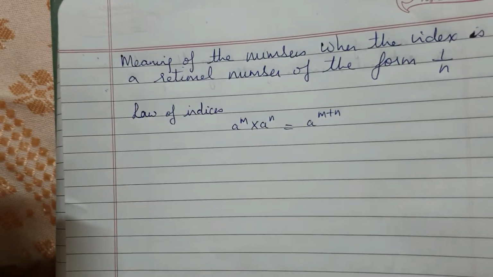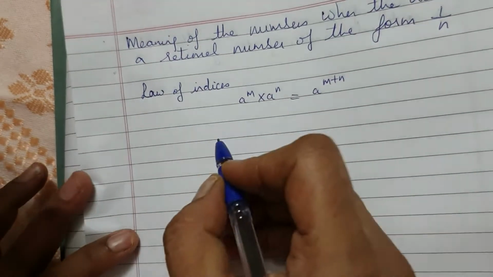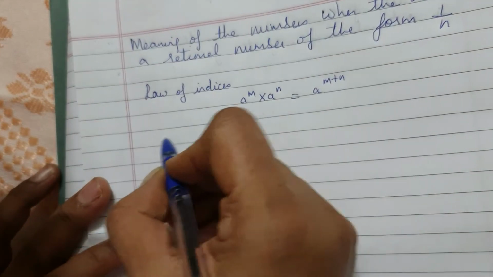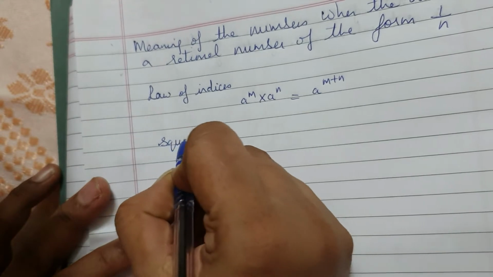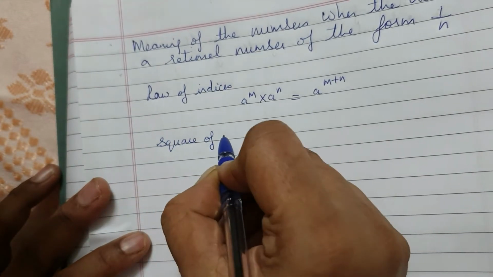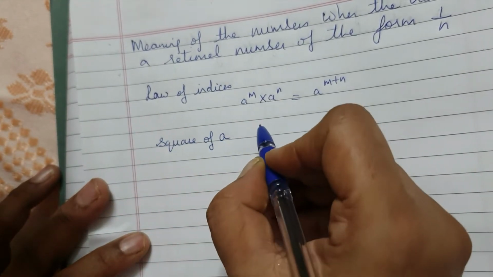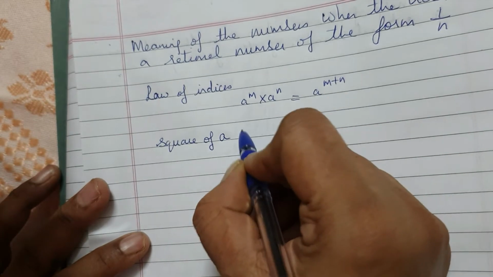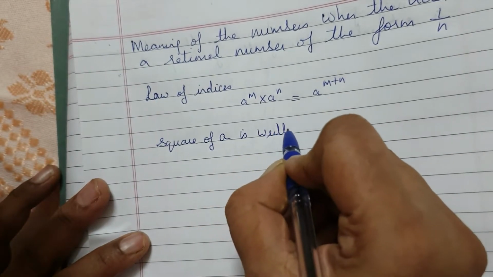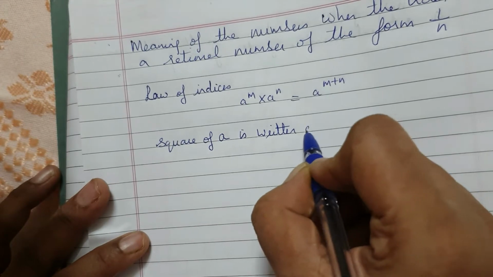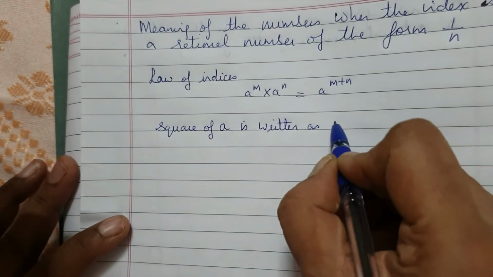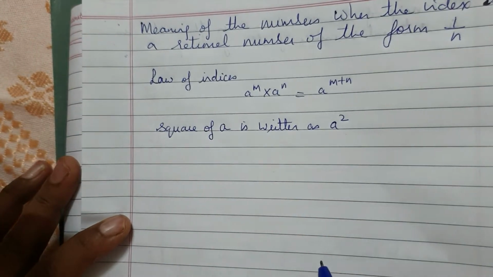Suppose we take the square of a, it is written as a square.